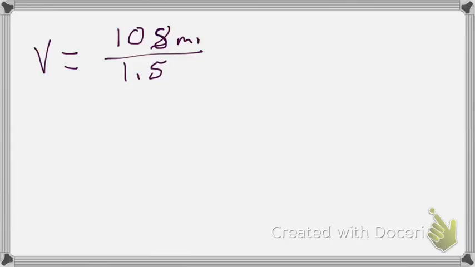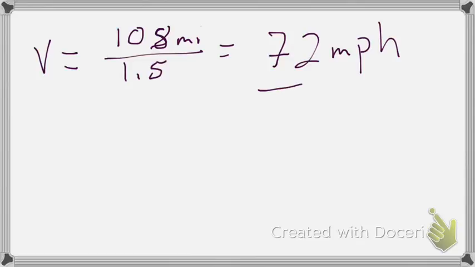So we've got 108 miles in 1.5 hours. If we do that division, we get 72 miles per hour. So by the mean value theorem, we know that at some point in his trip he was doing at least 72 miles per hour. So he would have been speeding by 7 miles per hour.